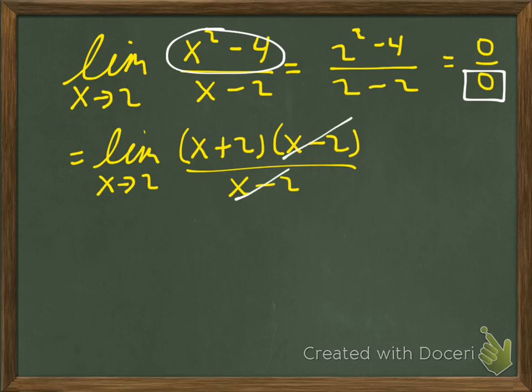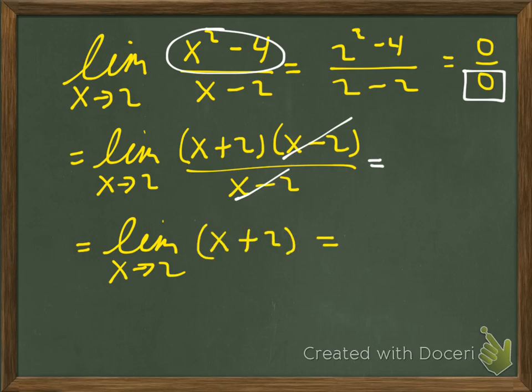So when that happens and the factors cancel, then all we have to do is resubstitute 2 back into what's left over. Okay, so what's left over is your x plus 2, and then we get 2 plus 2, or 4. So the limit is 4.